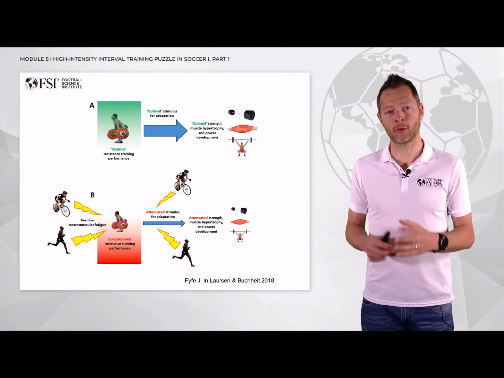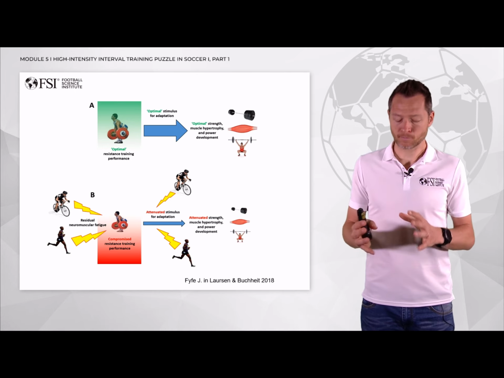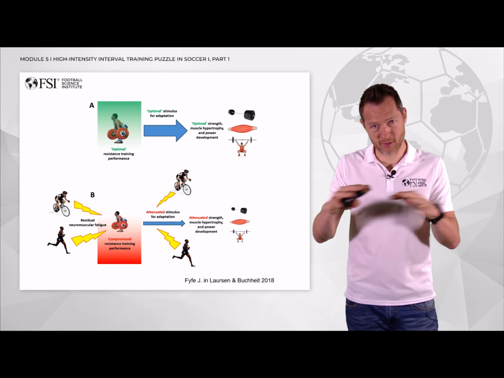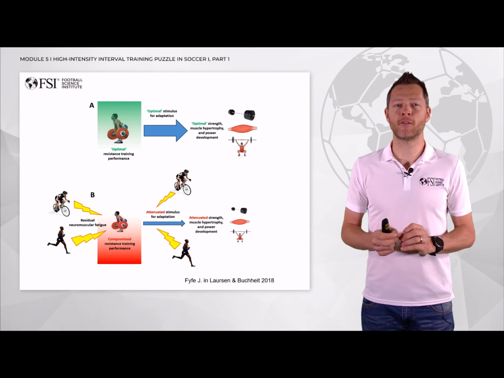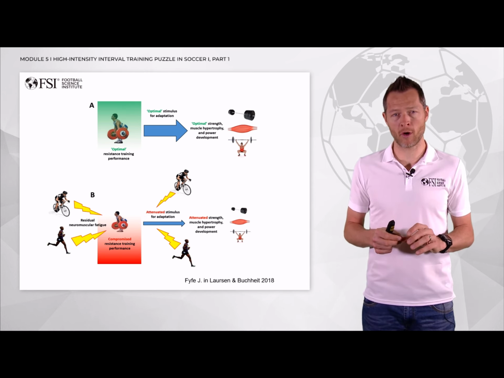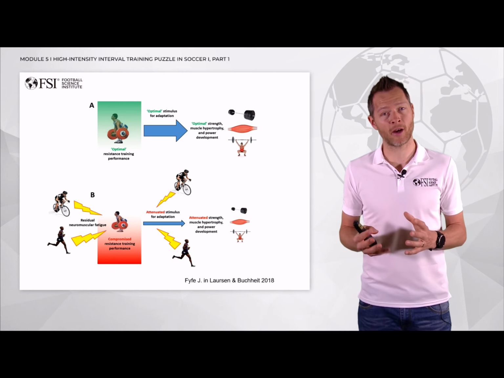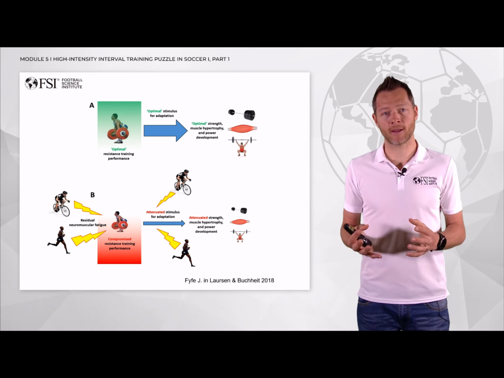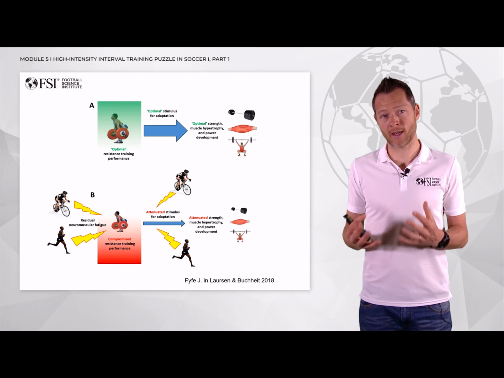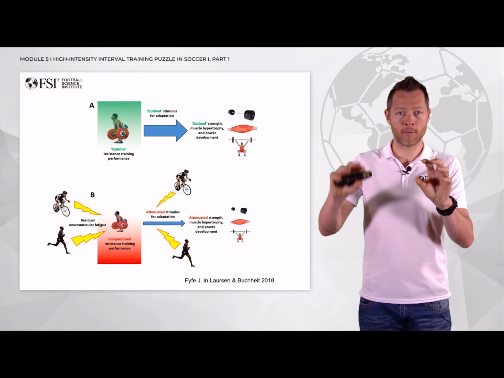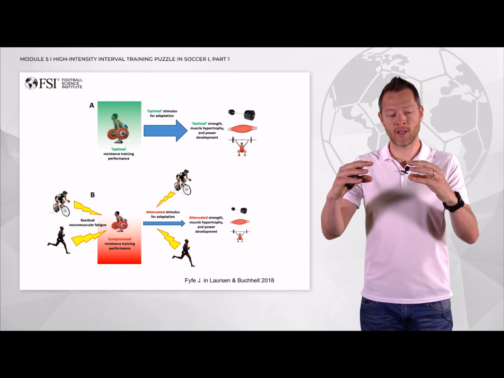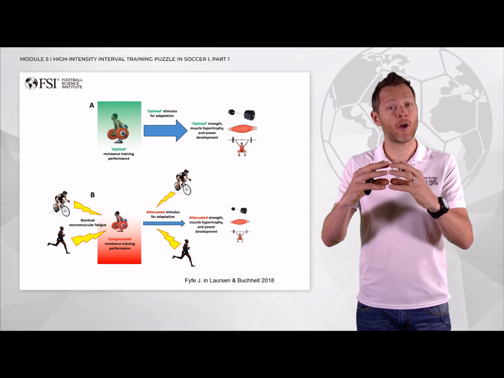And to go further into this idea of making sure you have the puzzle right and that you really hit the right targets, let's think about the overall concurrent training paradigm, which relates to how strength and metabolic conditioning can be targeted together or not.